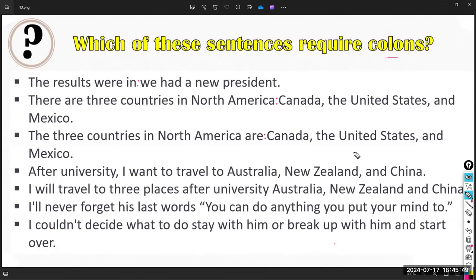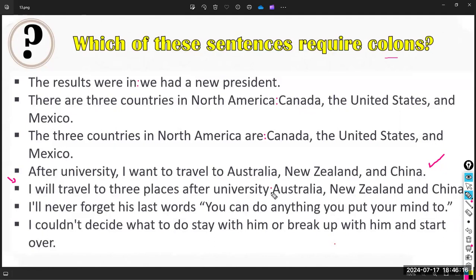What about the next one? After "to". After university, I want to travel to. Okay, wait. Do you think that here I have to use a colon? After university. Yeah, exactly.